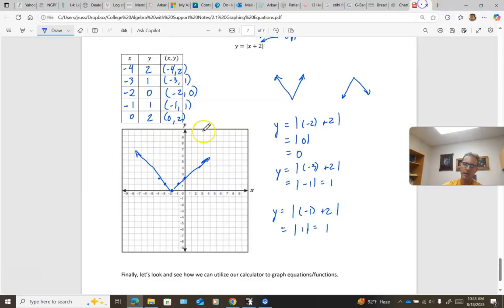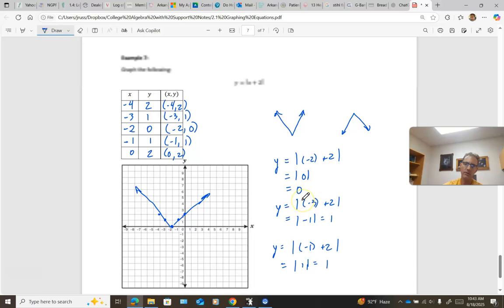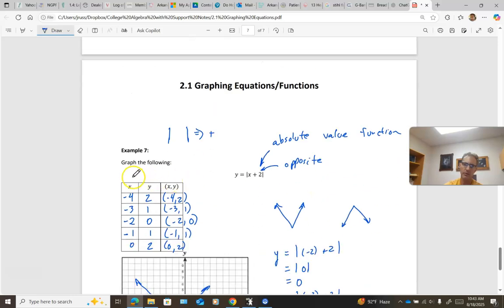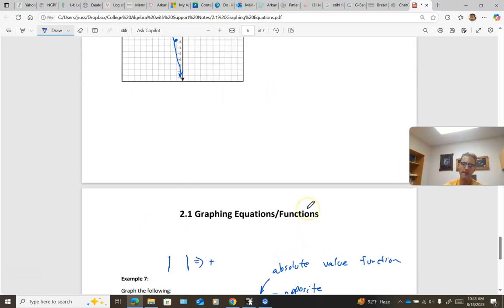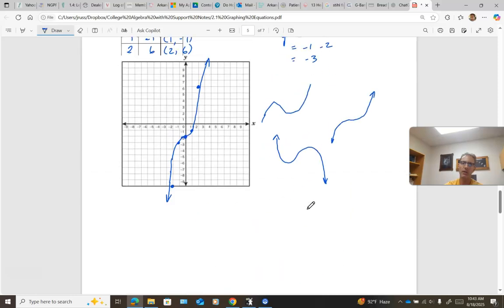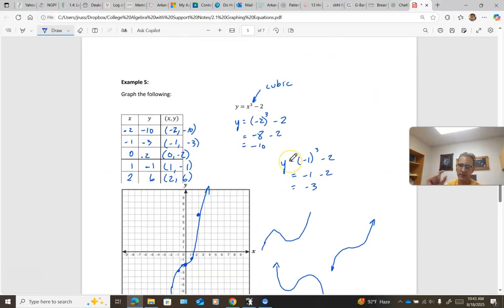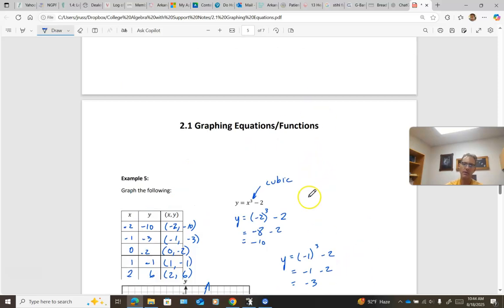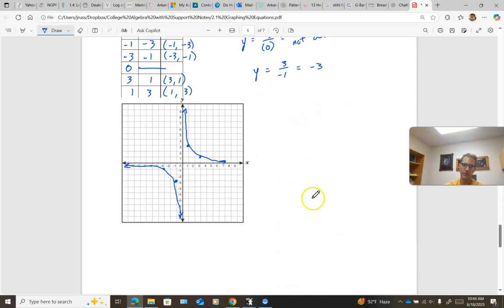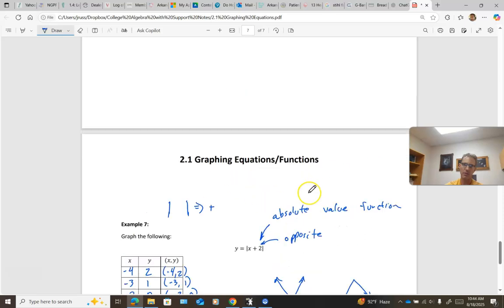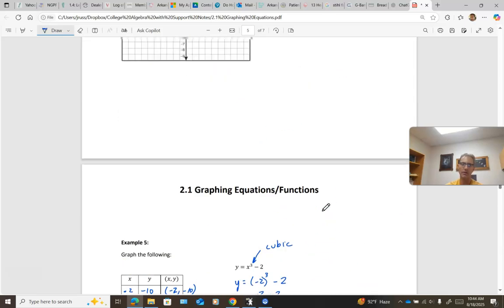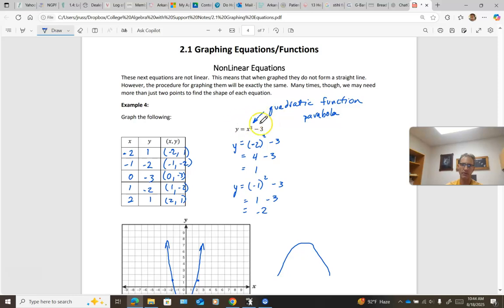I encourage you to go ahead and try to do these by hand with your XY table. But you may need to put these in the calculator at least to give you an idea of where the center of that function is going to be, especially for absolute value functions, and then also for possibly quadratic functions.